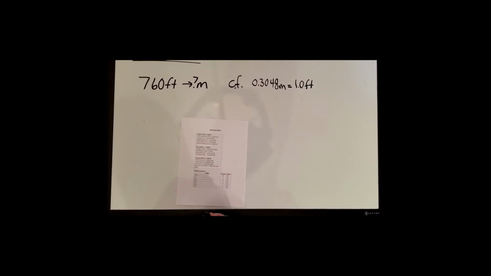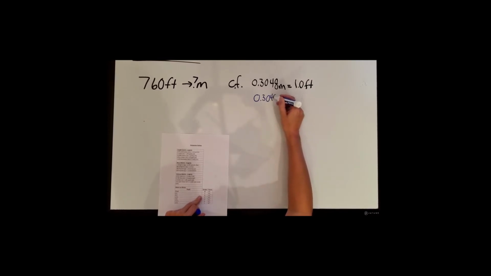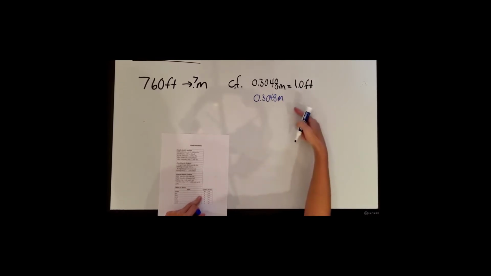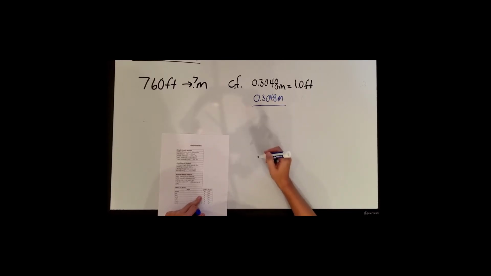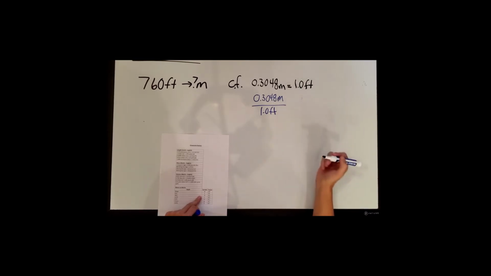If you've watched the PowerPoints at all, you'll see that a conversion factor is written with an equal sign between it. So this allows us to write it as a fraction, and we can write it one of two ways. The first way is where we keep the meters here in the numerator on top of the fraction, and put the foot portion in the denominator on the bottom.